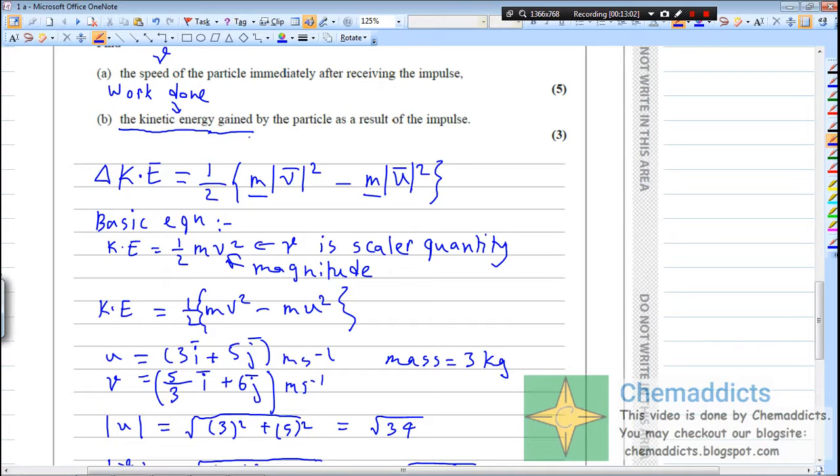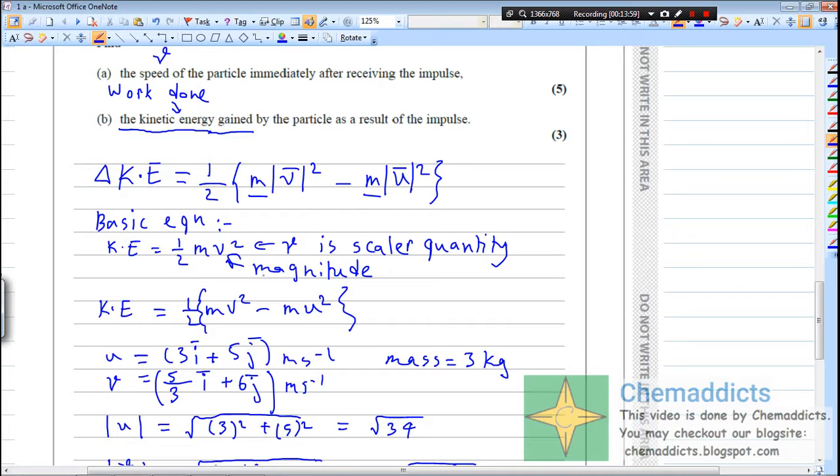The kinetic energy gained is equivalent to the change in kinetic energy, which is half m(v² minus u²). Since the final and initial velocities are in vector form, we need to find the magnitudes: half mass multiplied by the magnitude of final velocity whole square minus the magnitude of initial velocity whole square. This is the basic equation.